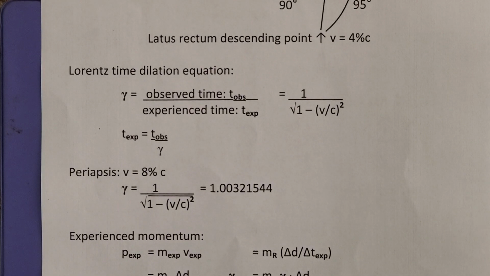As a star's velocity increases, it experiences time dilation by 0.3% at the periapsis. This decreases the observed velocity from the observer's stationary frame relative to Sagittarius A star.